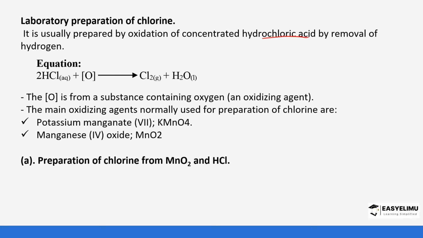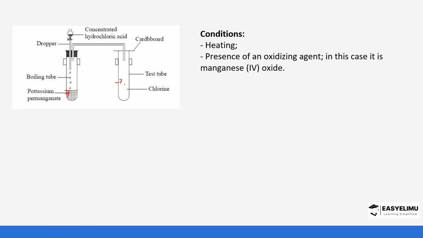So when you look at the preparation of chlorine from manganese(IV) oxide and hydrochloric acid, this is a setup. You can see the dropper containing concentrated hydrochloric acid, and we have the manganese(IV) oxide in the boiling tube. The reaction occurs and chlorine is collected in this method. When we are reacting, it's important that we heat our reaction. So heat must be there, and then an oxidizing agent must be there as well.